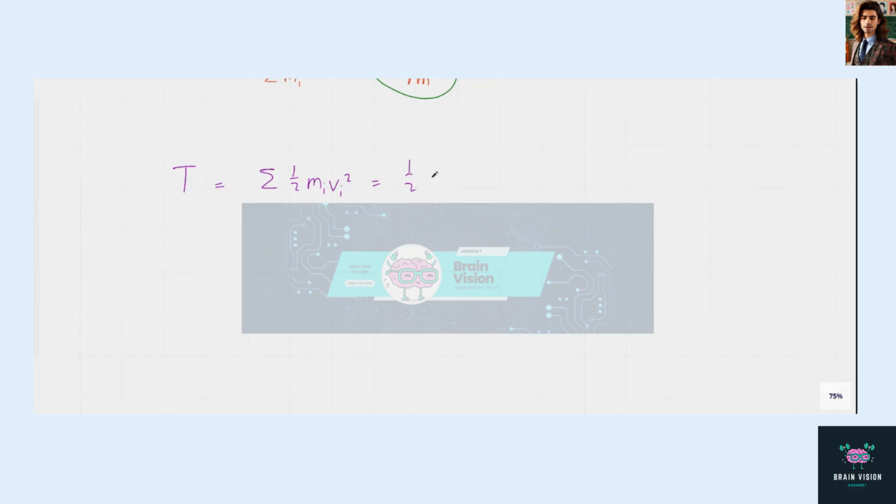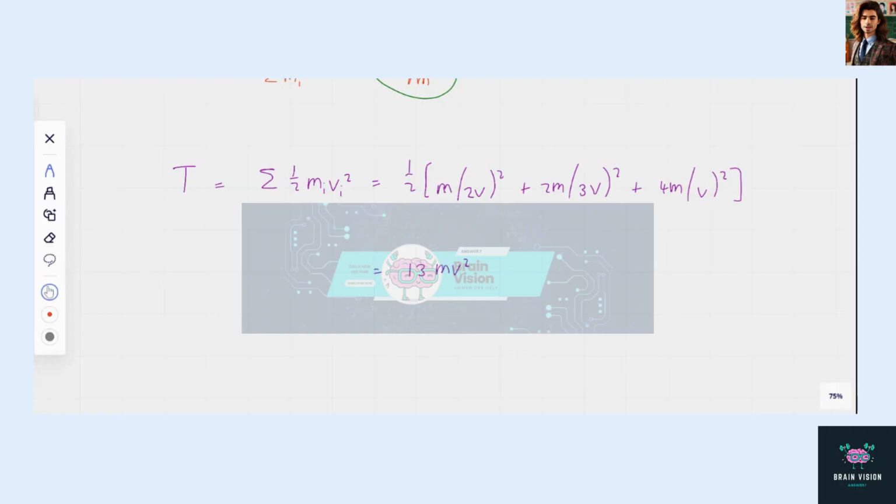And so this is equal to a half into m times 2v all squared plus 2m into 3v all squared plus 4m into v squared, which gives us the kinetic energy of the system to be 13 mv squared.